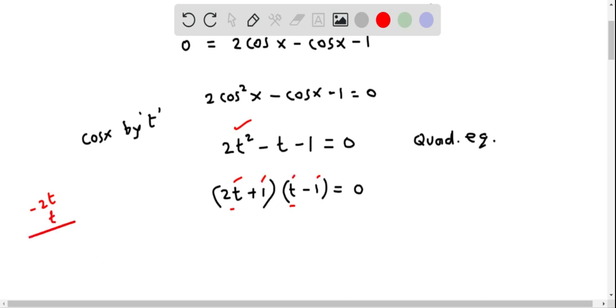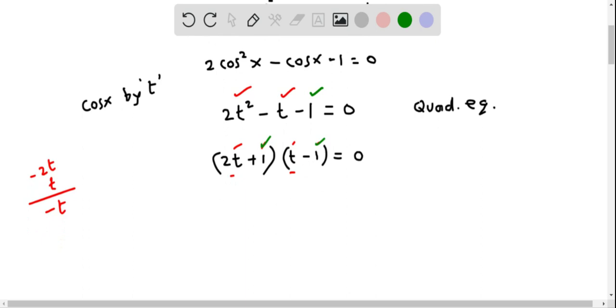When you add these like terms, we get negative t. And finally, 1 times negative 1 is negative 1. So we have it here. Therefore, this factorization is correct, which means we can solve for t from this product of linear terms. So either 2t plus 1 equals 0, or t minus 1 equals 0.